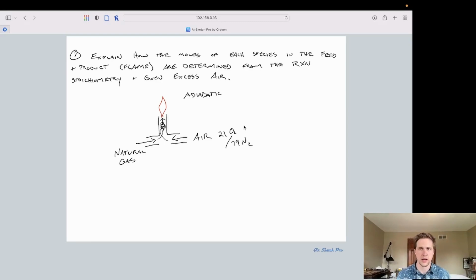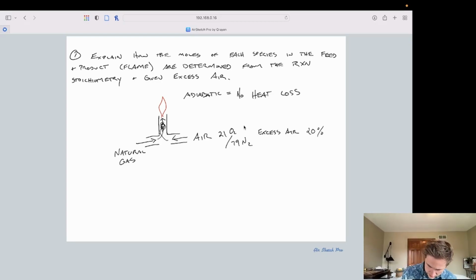So that's going to be our air coming in, and excess air we will say is 20% excess air added into our mixture. That's going to help because it's not going to mix perfectly in our Bunsen burner. So one is that we have adiabatic, which means that there is no heat loss occurring.